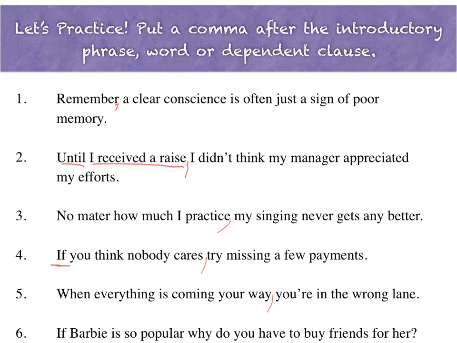In this situation, "if," again, is a subordinating conjunction. So, "If Barbie is so popular, why do you have to buy friends for her?" That's where the comma goes in that situation, because that is a dependent clause.